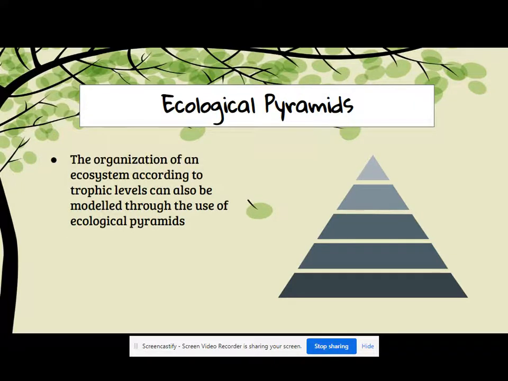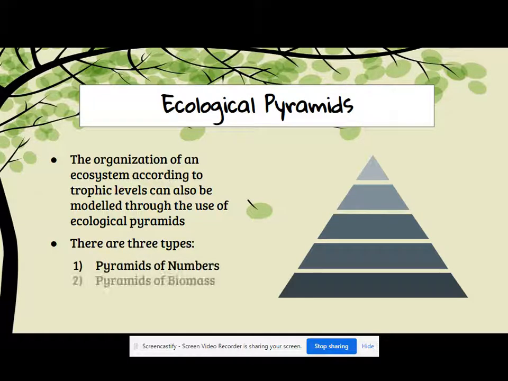Just to recap, a pyramid organizes the trophic levels according to energy. That's the common type, the energy ecological pyramid, because there'll be less energy at the top. There are two other types of pyramids we're going to look at tomorrow, which are a pyramid of numbers of animals and a pyramid of biomass.